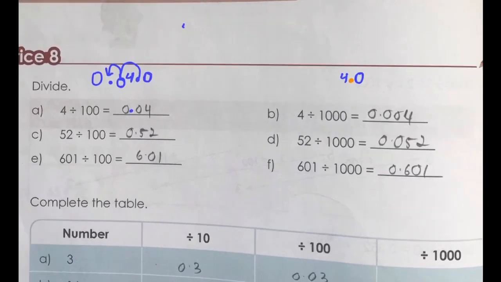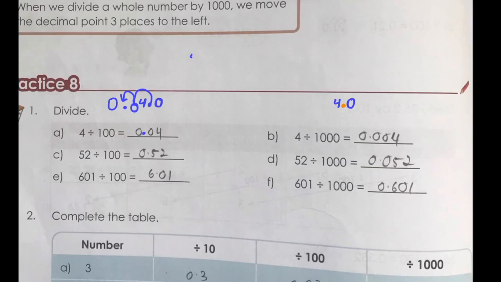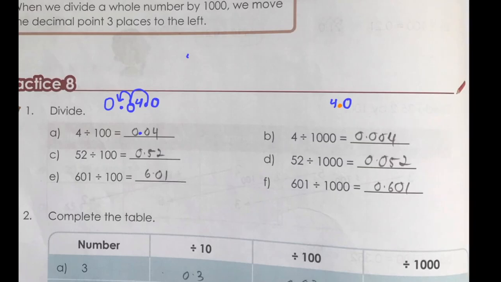Because it's 1,000, I have to move it 3 times to the left. 1 time, 2 times, 3 times. Like that. So we get 0.004.